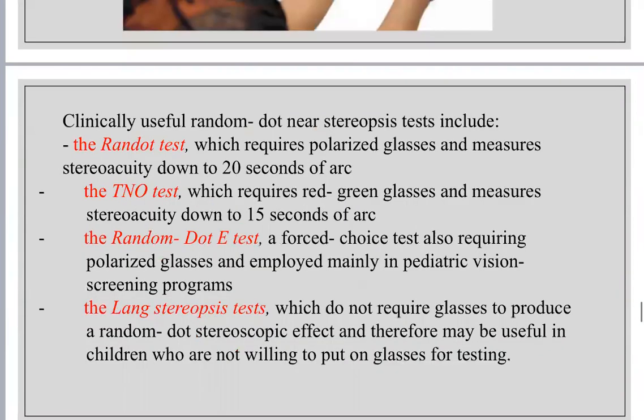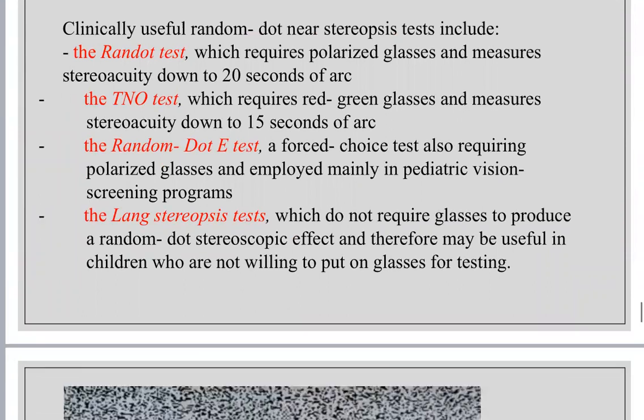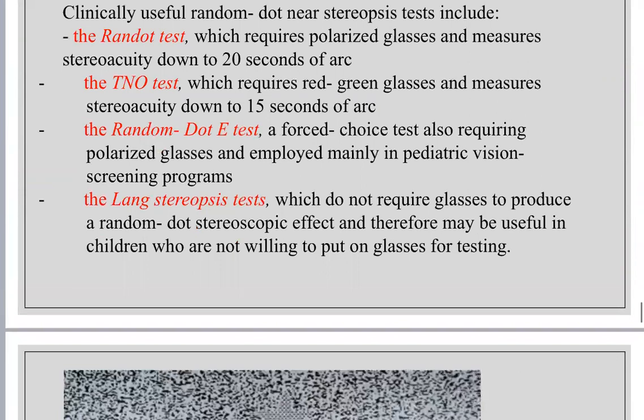Here I do have the random dot, the TNO, the random dot E, and also the Lang stereopsis. The Lang is important in that you don't have to wear dissociating glasses, and this may be helpful in some children.